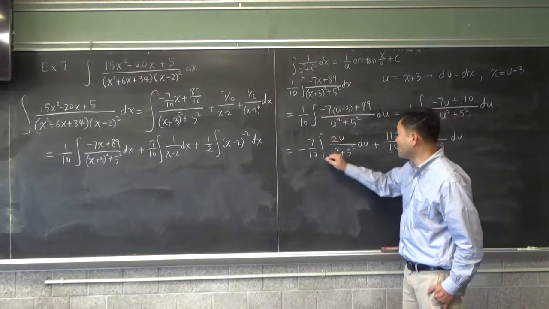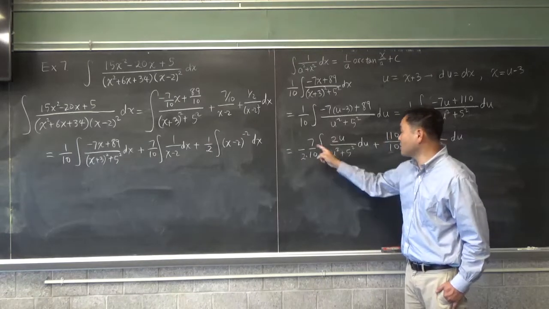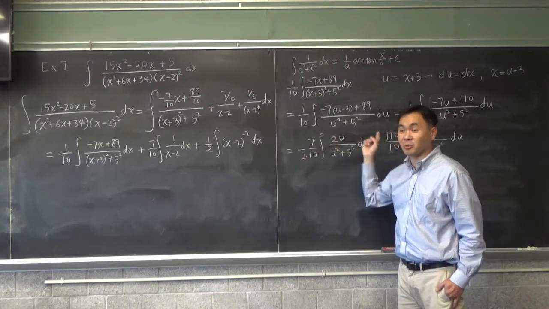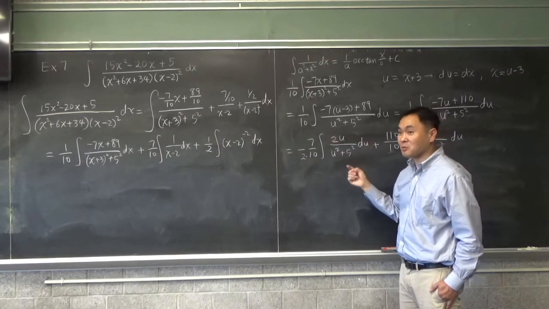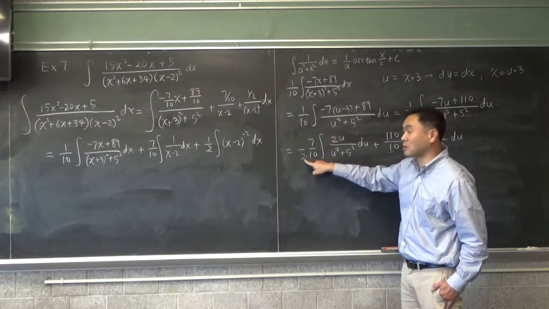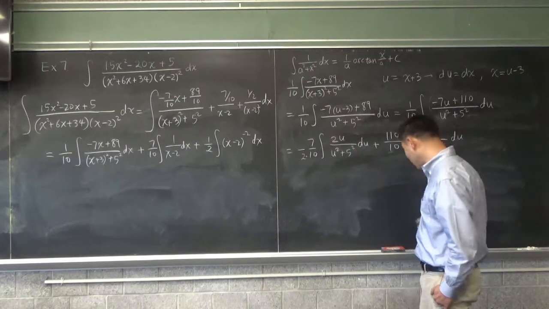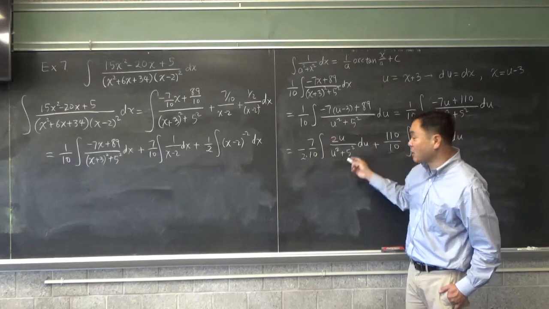You have to counter it by putting a 2 in the denominator so that they cancel and it's okay, right? So we didn't change the problem. We just changed the looks. I put a 2 there and divide by 2, so nothing is changed. But this is now f prime over f type, which you can integrate.